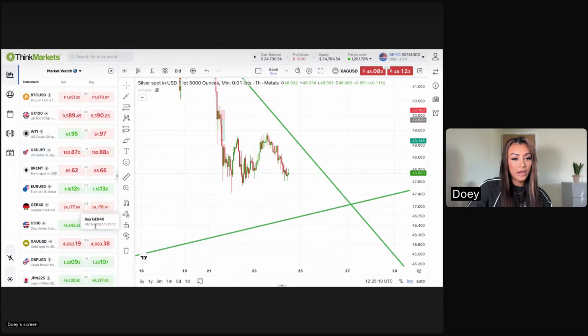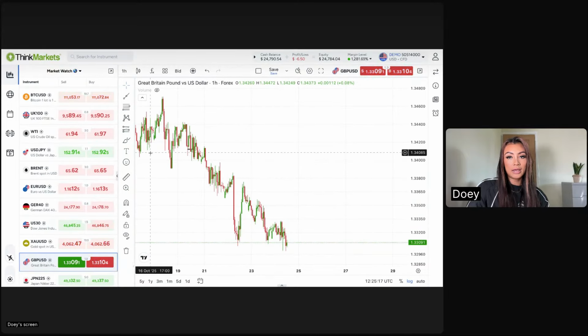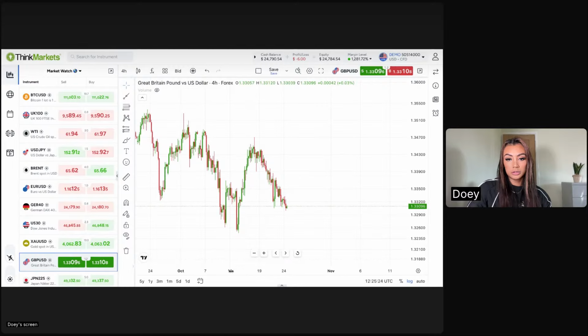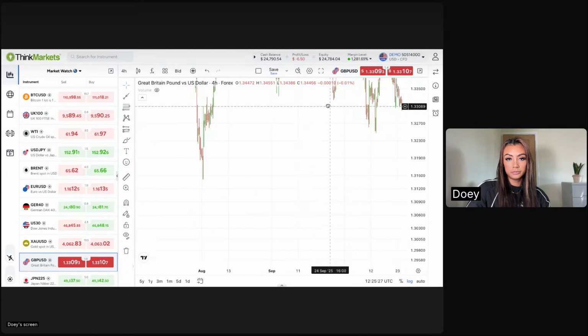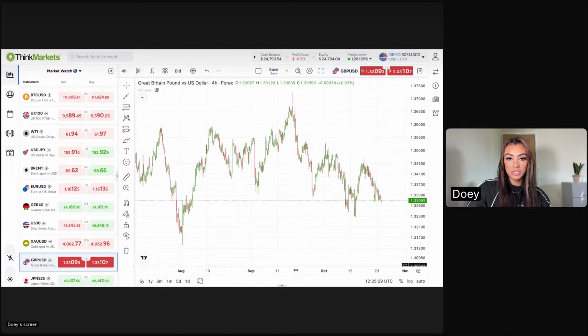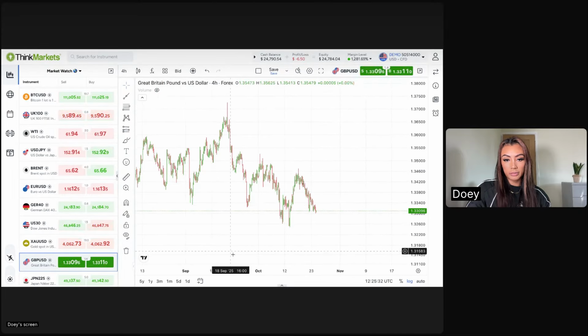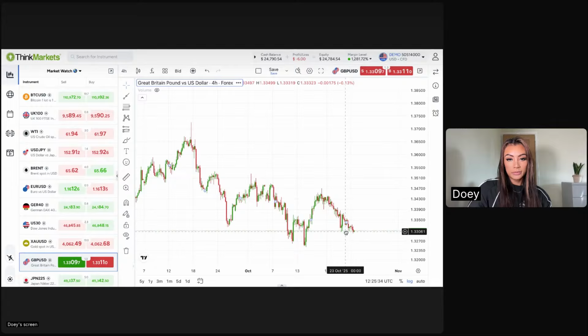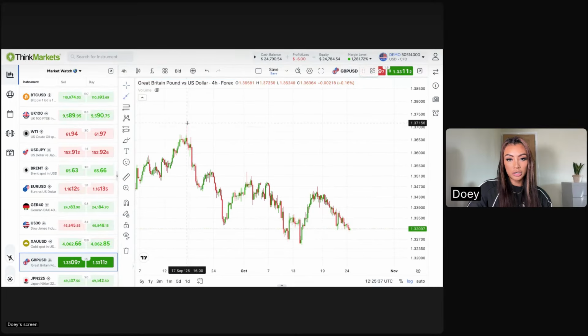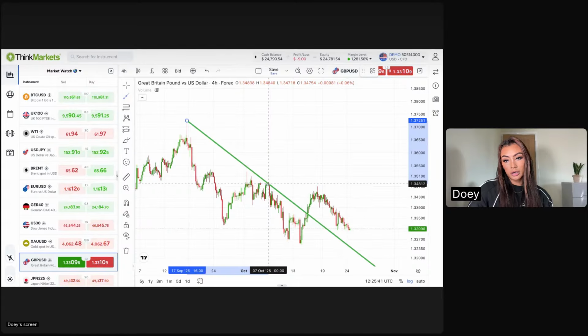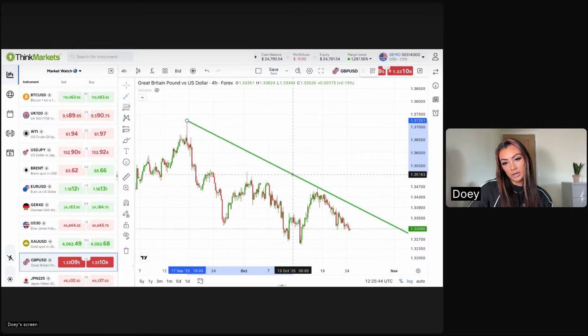Okay, so let's have a look at GBP USD. That is something that I also like to trade. And then we'll have a look at NAS 100, which is an NQ. So let's just start from the beginning here. We've got a downwards trend line on the 4-hour, which, now we are over here, we can move out.